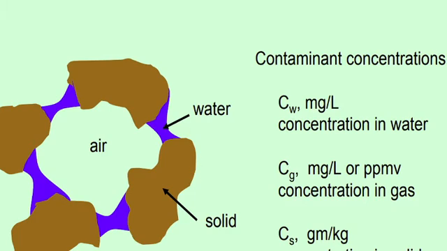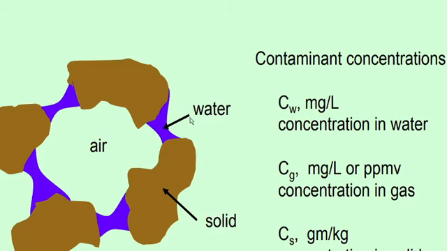Just to give you an idea, whenever a contaminant enters this volume of soil, it is either going to react with the water and get dissolved in it, and travel along with this water into the subsurface, joining the groundwaters, or it will get attached to this solid particle.